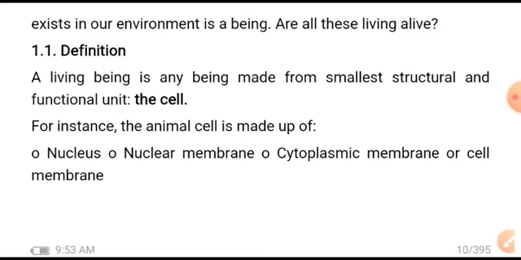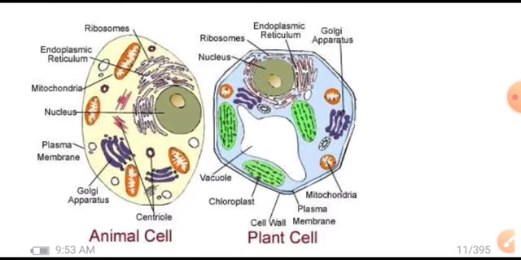A living thing exists because it has cells. Take note that those are living beings. There are different organelles that make up those cells: nucleus, nuclear membrane, cytoplasmic membrane or cell membrane. These are the structures of different cells, animal cell and plant cell, and ribosome. These are in the plant cell and the animal cell.